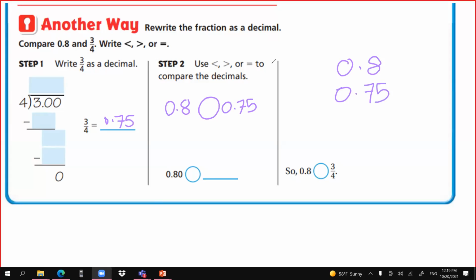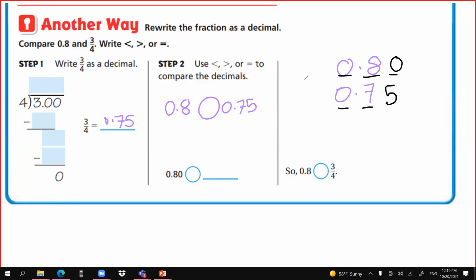Now here, how many digits do we have? 1, 2, and 3. Here 1 and 2. So I will add another 0. And as I told you, adding this 0 to the right in decimals doesn't matter. In decimals only, adding 0 to the right doesn't matter. Adding 0 to the left in the whole number doesn't matter.